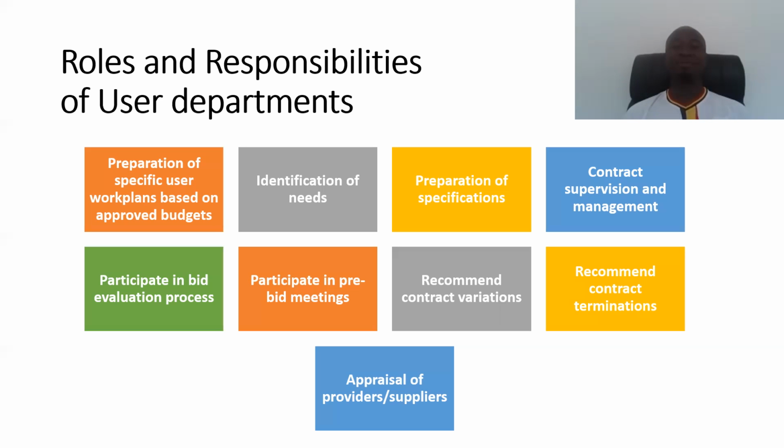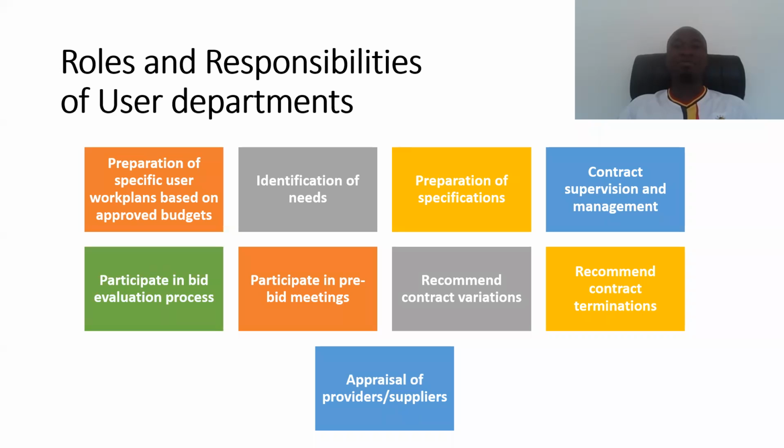My name is Bob Delmond. In addition to the roles and responsibilities of the procurement cycle is a recommendation for contract termination. The user department has the responsibility of recommending for termination of contract of any supplier who breaches the contractual terms. This may be due to inability of the other party to perform duties.